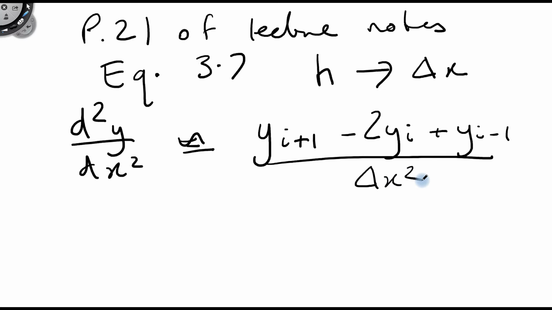And we know this is of order delta x squared error, so it's a second order approximation of d2y. So y i plus 1 corresponds to y of x plus delta x, y of x minus delta x, and then minus 2.